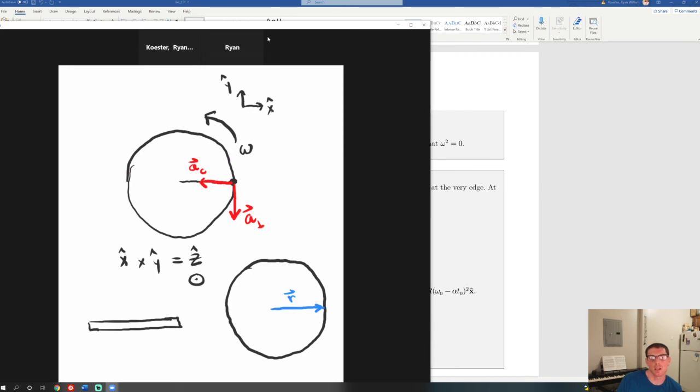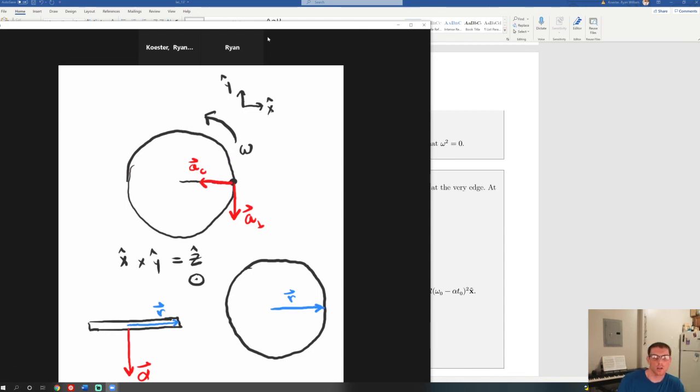We would be at z equals 0, right? This would be like our eye level is at z equals 0. And so remember that the r vector looks like this in the side view, and the angular acceleration vector looks like this. Okay?